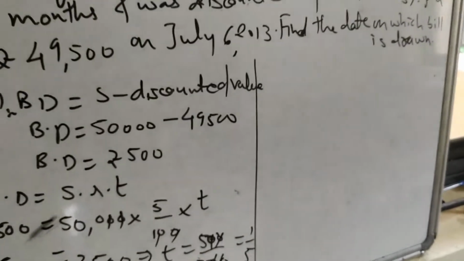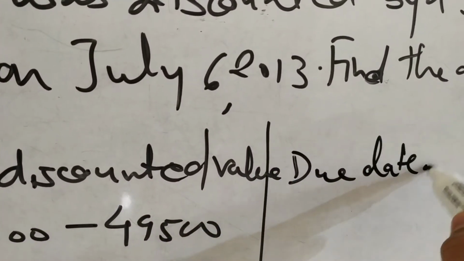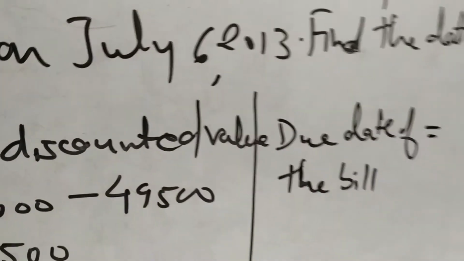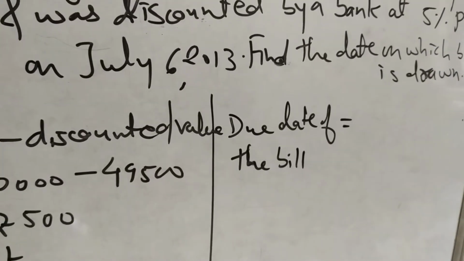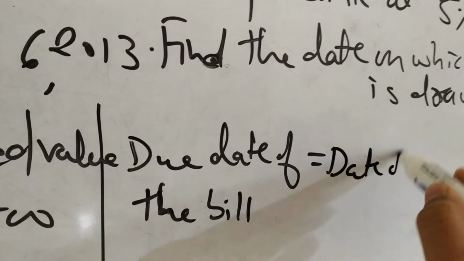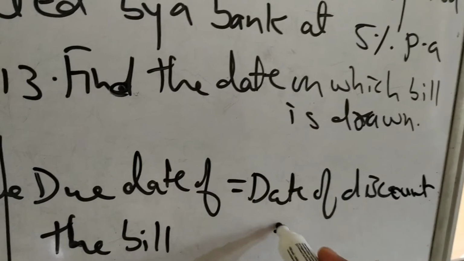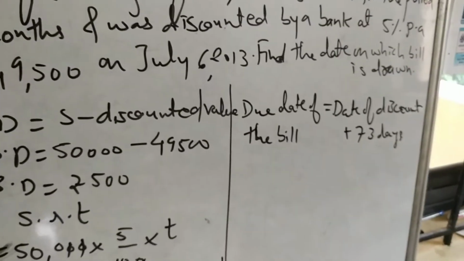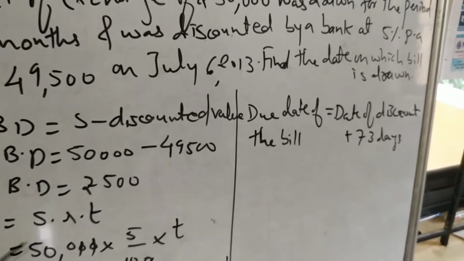So let us write down due date of the bill. Due date of the bill is equal to date of discount plus this 73 days that we got. Due date of the bill is nothing but date of discount plus this 73 days.